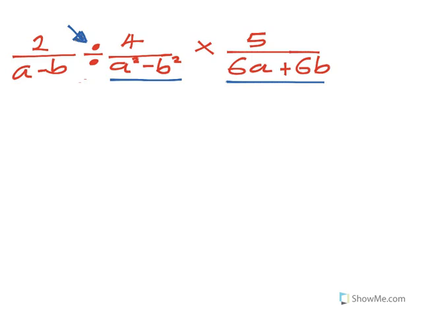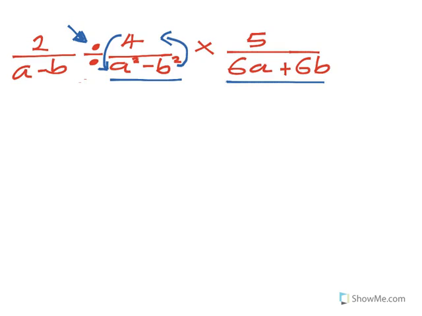Whenever you're dividing, if you want to change a division sign to a multiplication sign, the top, which is the numerator, will go down, and the denominator will go to the top, which is now the numerator. In other words, you swap them. The 4 will go below, a squared minus b squared will go on top.